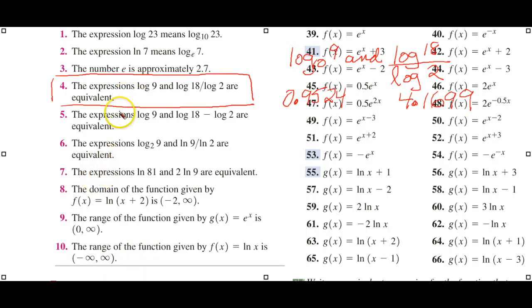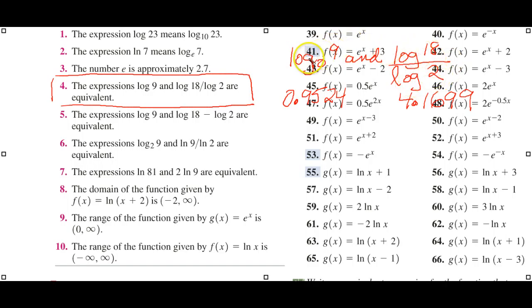Well, the only one that was false is number 4, where I've written it out in some detail over here. The log, and keep in mind that that's base 10 of 9, and the log base 18 divided by the log of base 2.